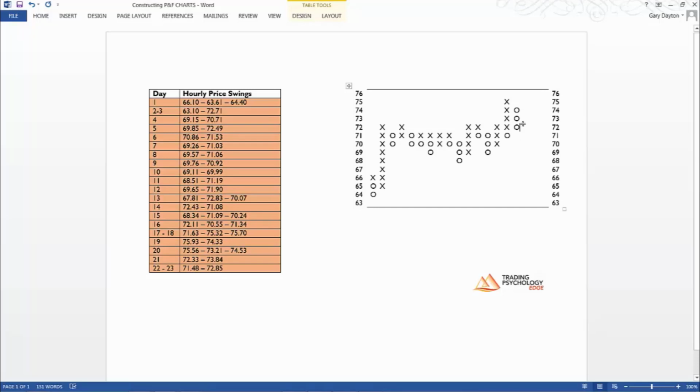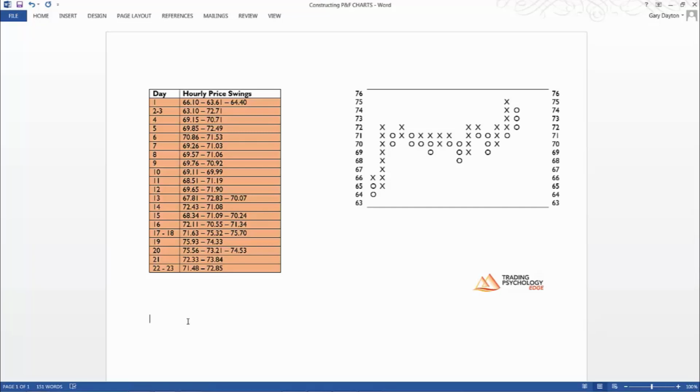And we are also stuck here at 72 because 72.85 does not allow us to create a new full figure up to 73.